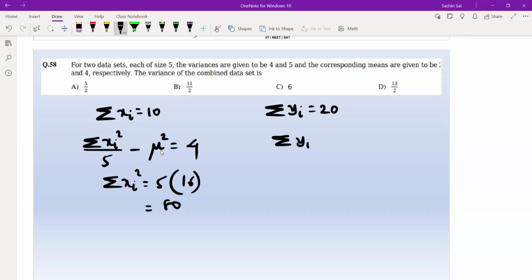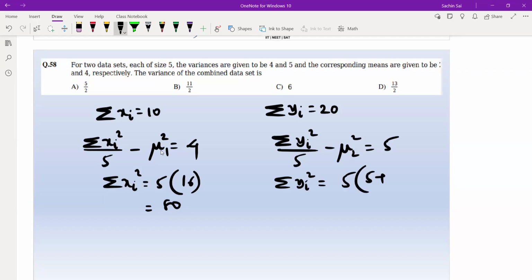Similarly, for the second data set, sigma yi square by 5 minus mu square. I'll write this as mu1 and mu2. This is to be 5. So sigma yi square, the sum of squares of the observations in the second data set, will be 5 times 5 plus 4 square, that is 16.